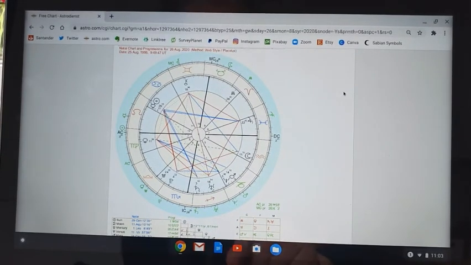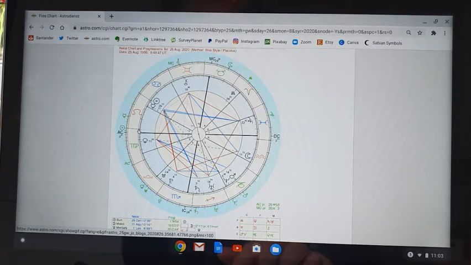So in the case of this person I'm using as my dummy client, you can see that she was born with 29 degrees Cancer. So within the first year or second year of her life, her progressed sun would have gone into Leo.